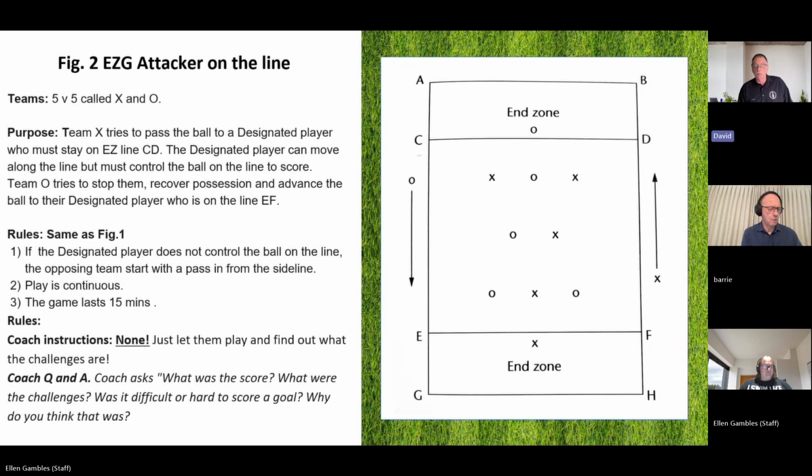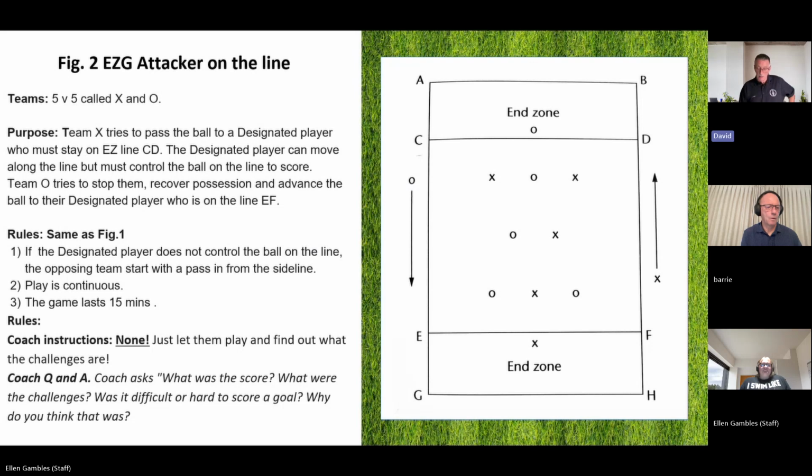This designated player can move along the line to the left and to the right, but to score, they must control the ball while they're on the line. So if they don't control it, if it goes past them, then we restart the game. But to score a goal, the designated player must control the ball on the line.